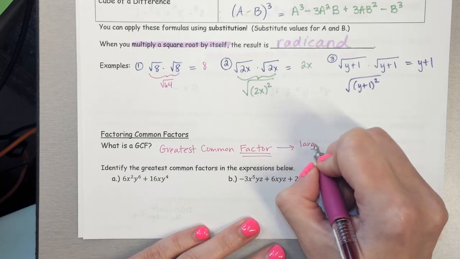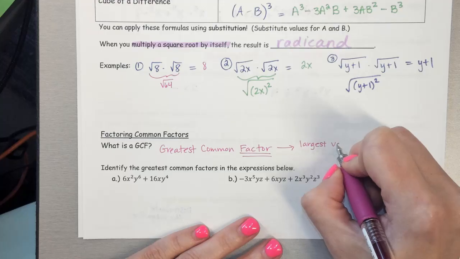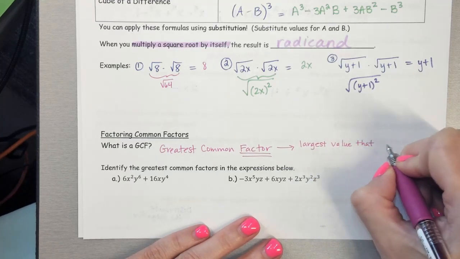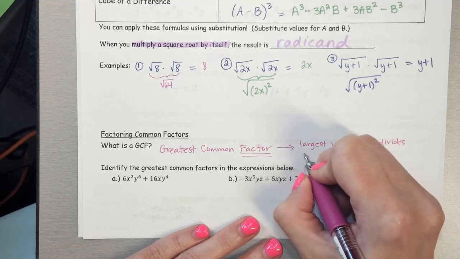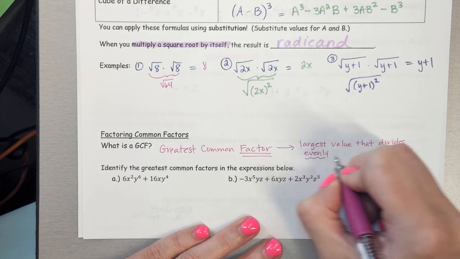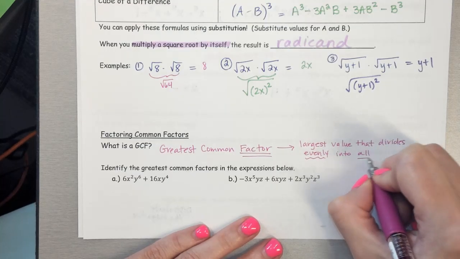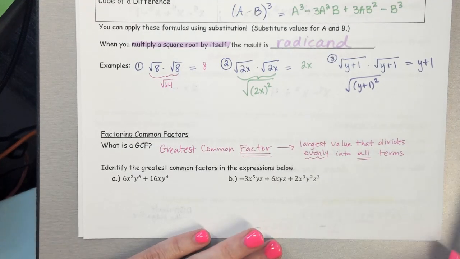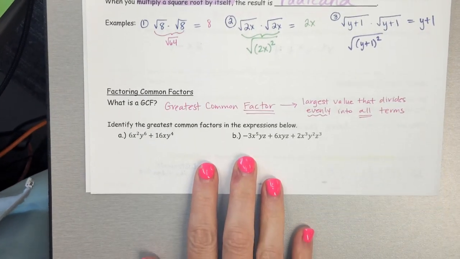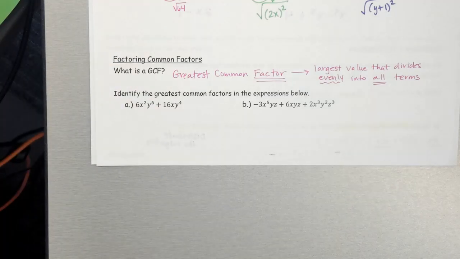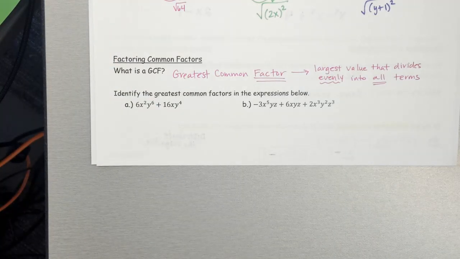So it's the largest value that divides evenly into all terms. Okay, and I emphasize all because sometimes it goes into just a couple of them. And if that's the case, you can't take it out of all of them. It's not the GCF.